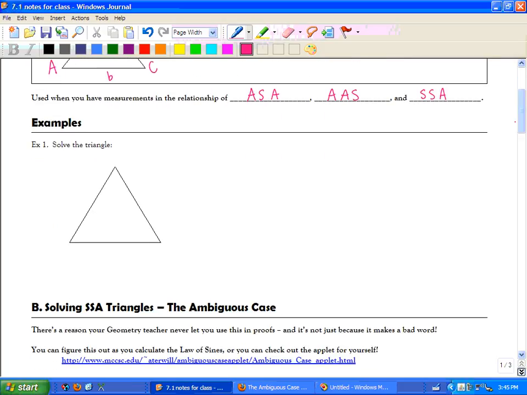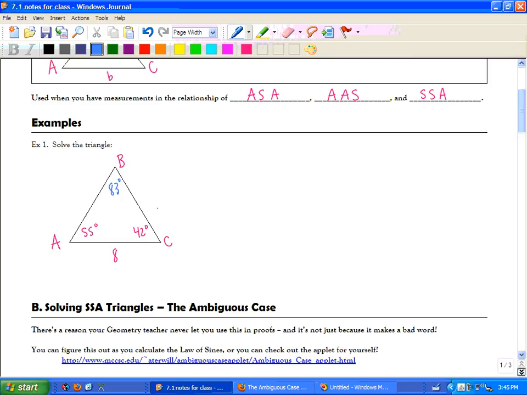So for example, to solve the triangle, we'll say A, B, and C. If you are given that angle A is 55 degrees, and angle C is 42 degrees, and side little b equals 8, hopefully you can remember that there's 180 degrees in a triangle, so B will be 83 degrees.